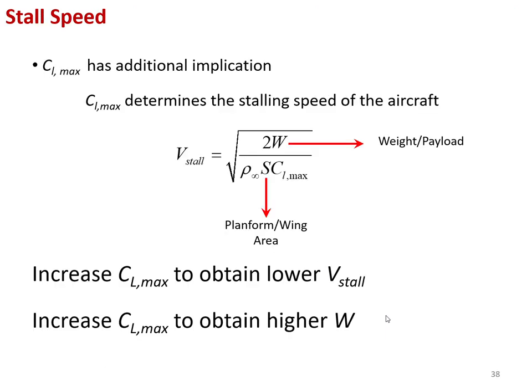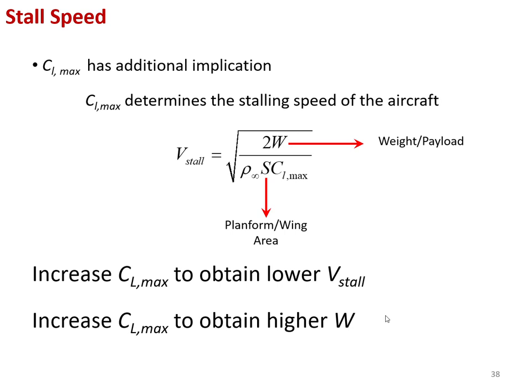Okay, so one of the parameters of interest for the stall calculations is the stall velocity. We usually calculate this velocity for a cruise flight. Okay.